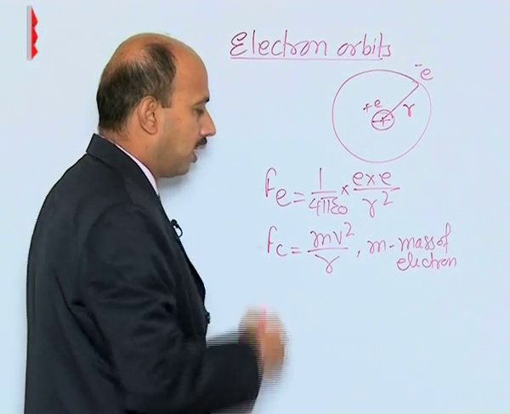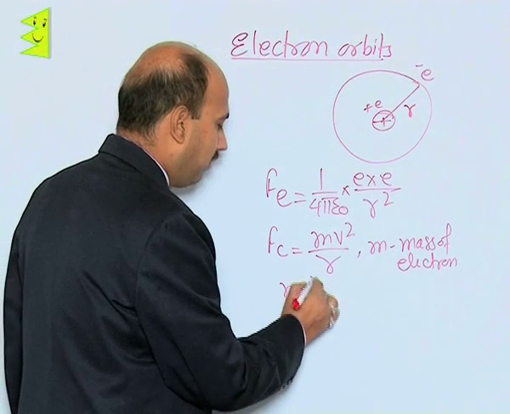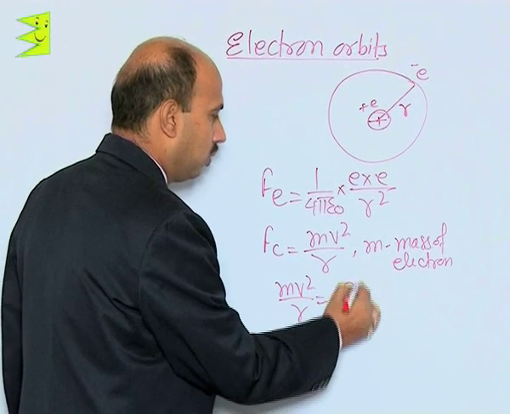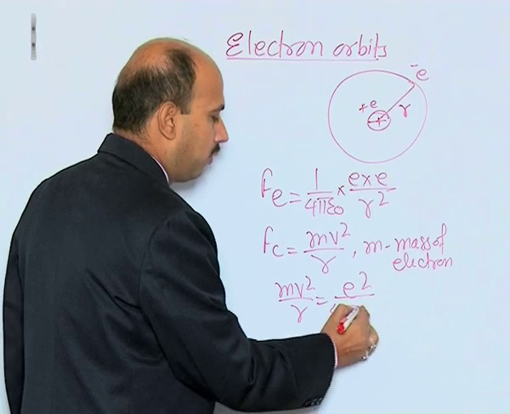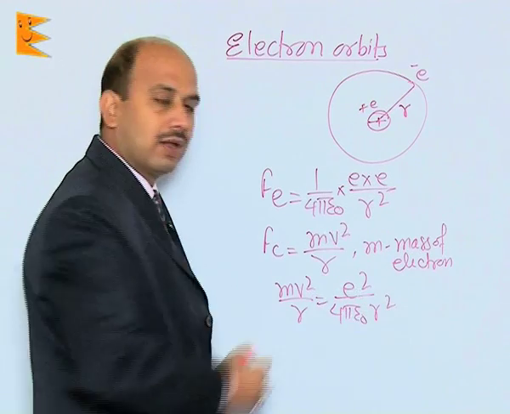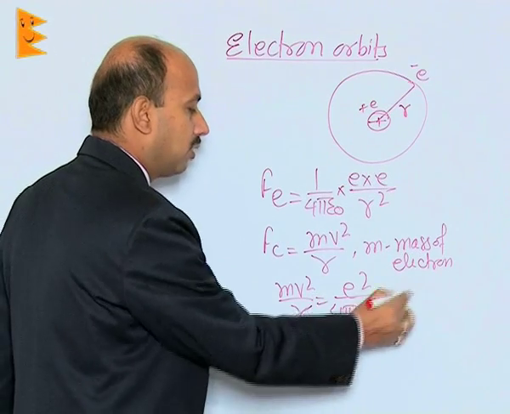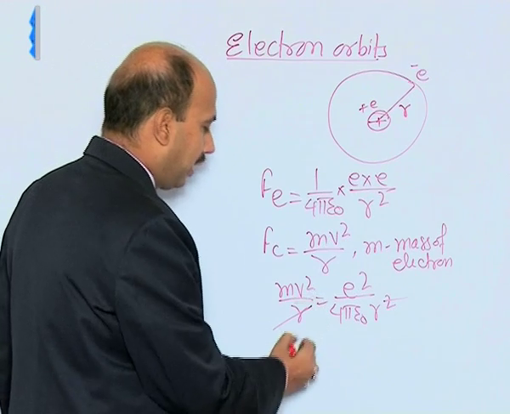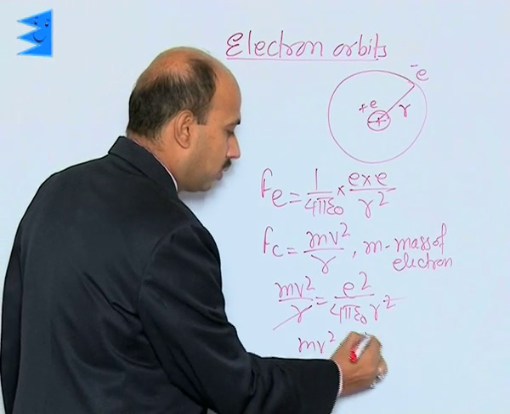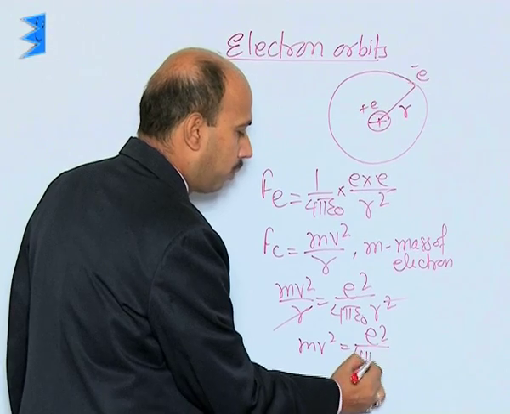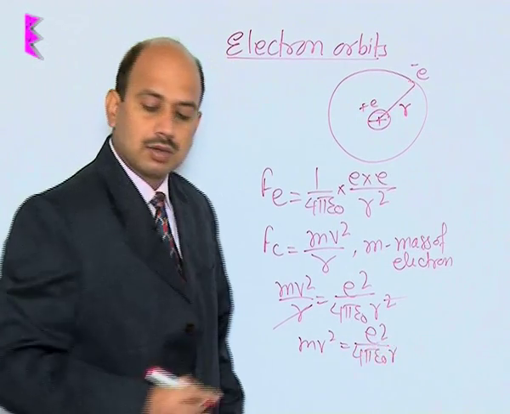These two forces are equal. So, we can write m v square upon r is equal to e square upon 4 pi epsilon naught r square. This r will get cancelled. So, we get m v square is equal to e square upon 4 pi epsilon naught r.